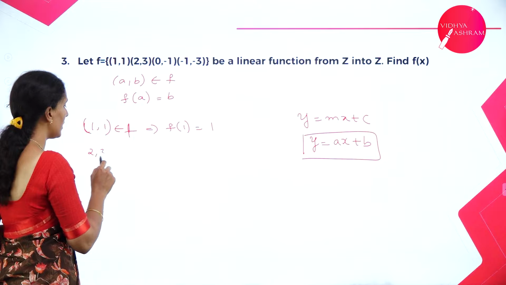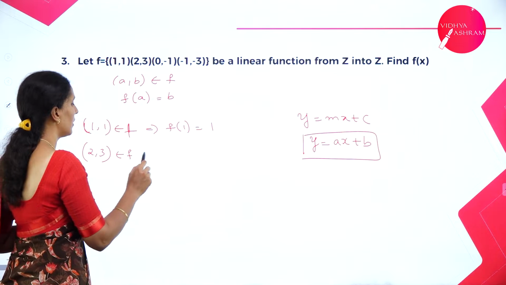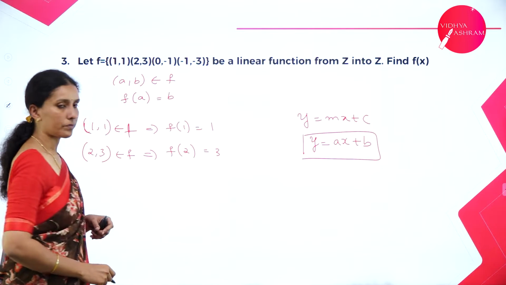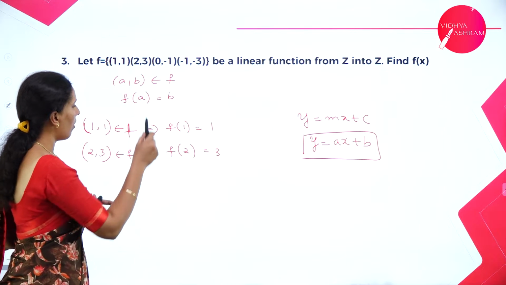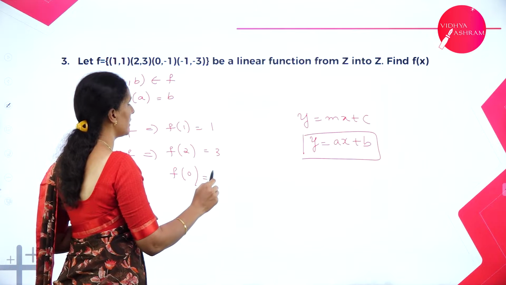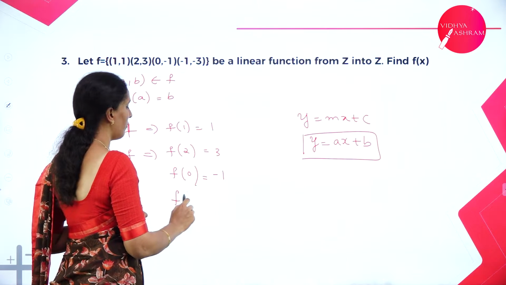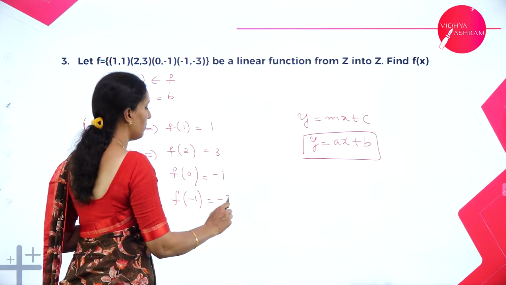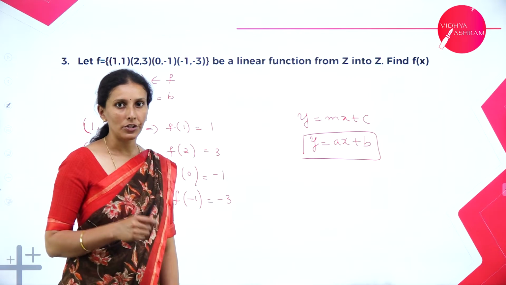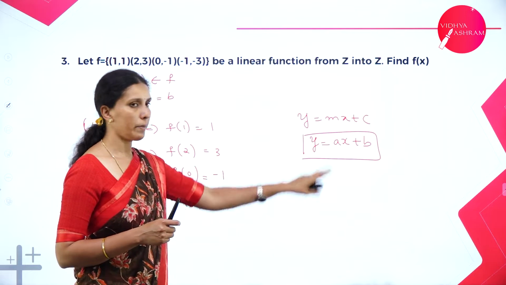So (2, 3) belongs to f. This implies f of 2 is equal to 3. Therefore, all the other pairs can be written in this form. f of 0 is equal to minus 1. f of minus 1 is equal to minus 3. And we know clearly that it's a linear function. A linear function should be in the form of mx plus c.